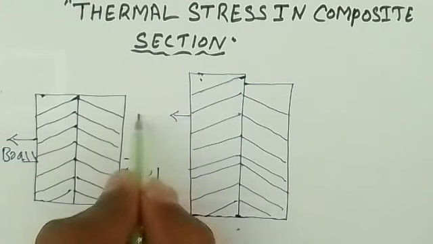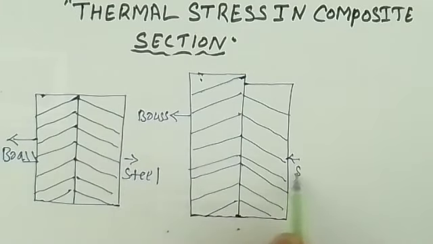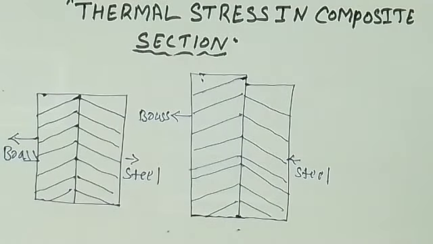Let's say this is the brass and this is the steel. Now as the brass has expanded more and the steel has expanded less, on the brass we have to apply the compressive force, and on the steel we have to apply the tensile force to make them equal in length.